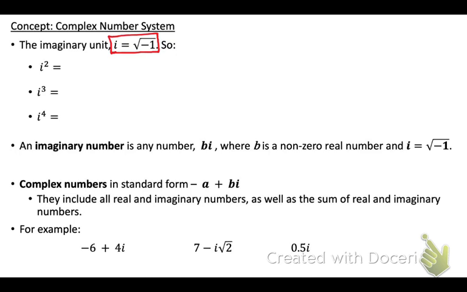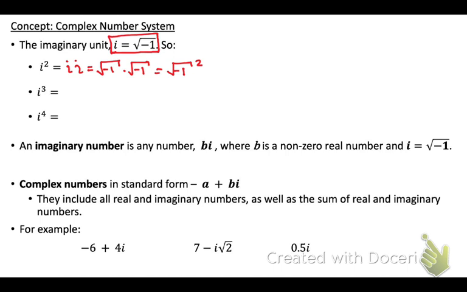And this is how. So, i squared would be i times i, yes? But what is i? The square root of negative 1 times the square root of negative 1, which is the square root of negative 1 squared, yes? Well, what happens when you square a square root?